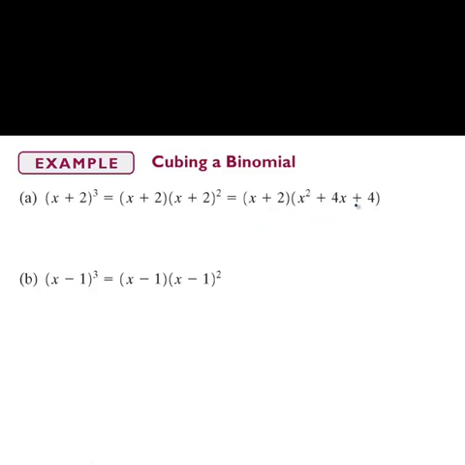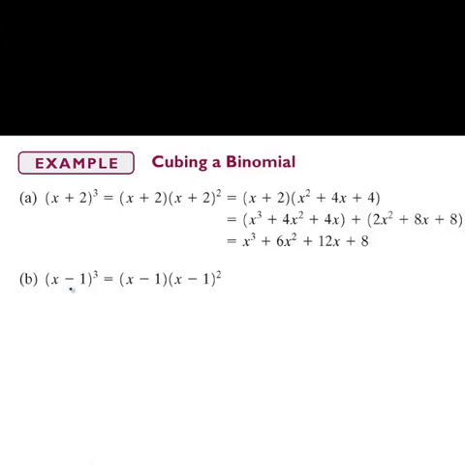Then you can multiply out some more. x plus 2 times x squared plus 4x plus 4. FOIL it out, combine like terms, and you get your x cubed plus 6x squared plus 12x plus 8. So that's probably the easiest way without having to remember a formula.